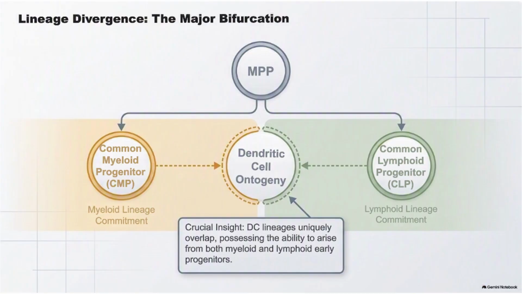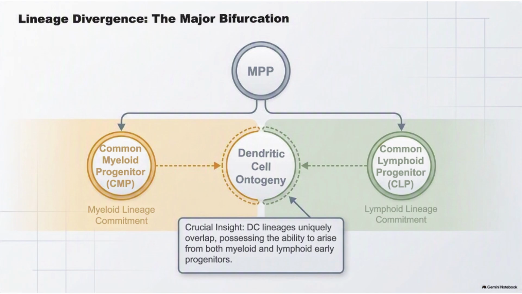So we've reached one of the major branching points in hematopoiesis. From the multipotent progenitor, developing blood cells become progressively committed towards different lineages, and the traditional model divides those pathways into myeloid and lymphoid progenitors.